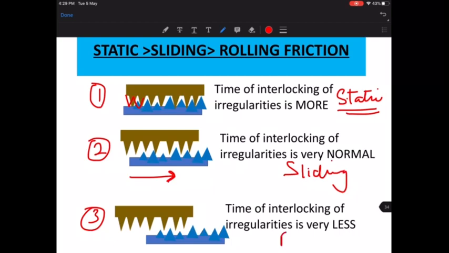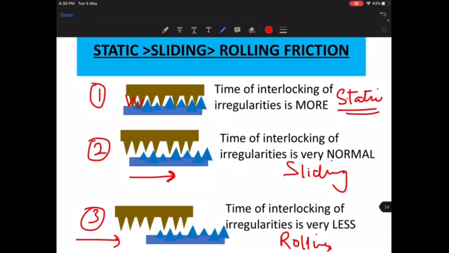And look at rolling friction. The last one is rolling friction. What happens is, because the two objects are quickly rolling against each other, there is very little time for the irregularities to interlock into each other. In which case do you have more time to interlock?